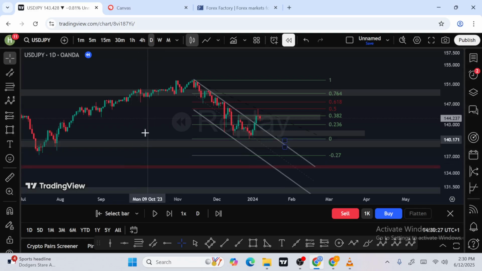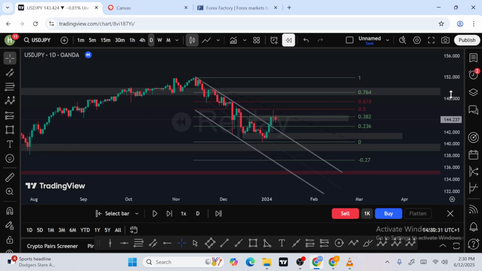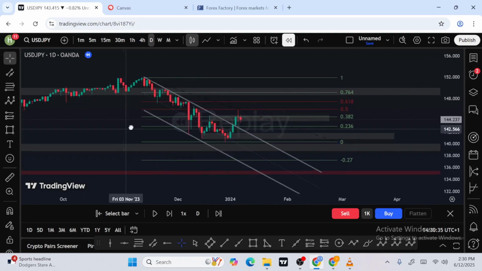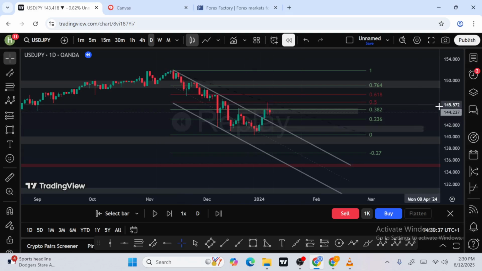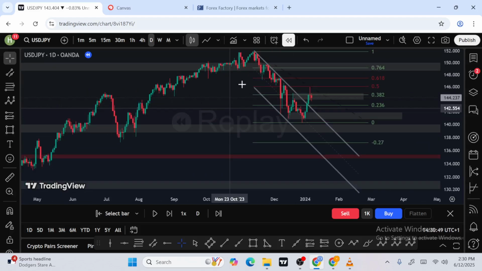Okay, now let's continue. Are we getting it now? Boom. It has retraced to 50 to 61.8. So I'm expecting that there is a breakout here already. Is that not so?